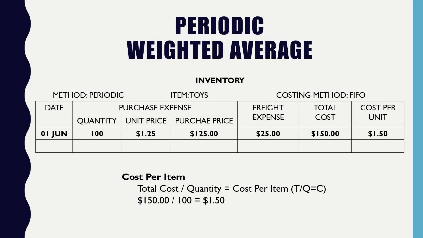You can find the cost per item, however if we're doing periodic, it's not really necessary. I'm just going to keep it the way it is so you can understand why you don't need to calculate the cost per item towards the end.